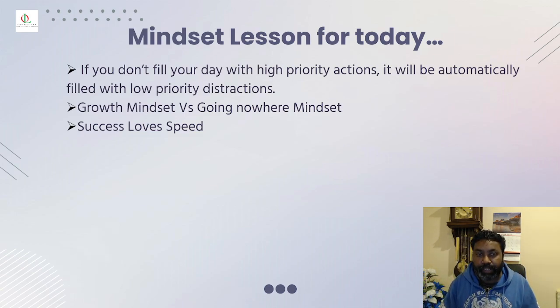Whereas the going nowhere mindset simply blames their tools, their computer, and complains about other people's work because they didn't do their job, so therefore I can't do it. They simply point their fingers at different people and systems rather than taking responsibility, finding a solution and moving on to the success path.